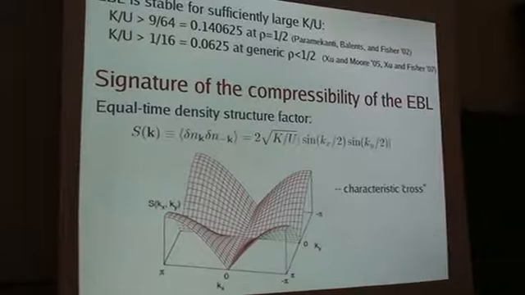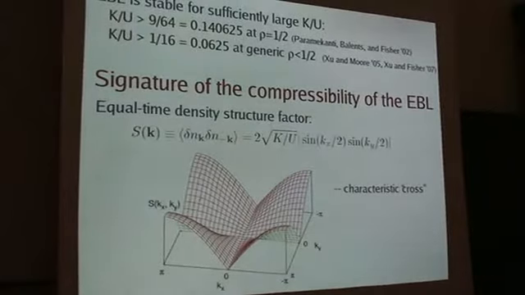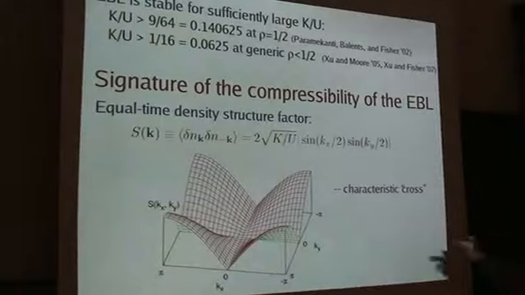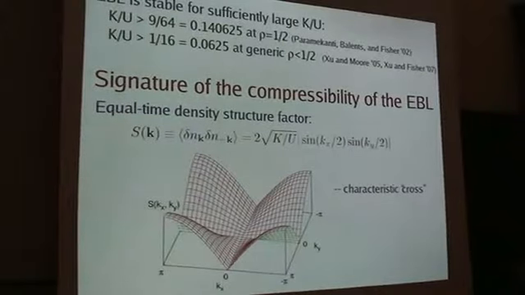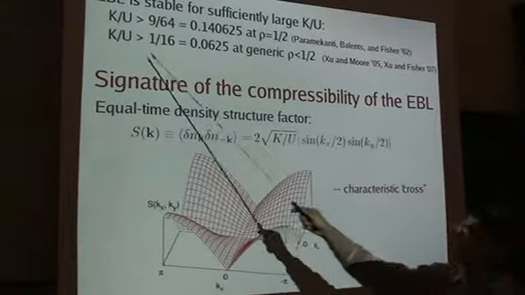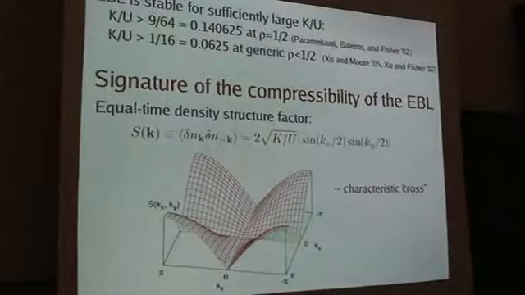At generic density, certain umklapp processes, or some of these topological defects, are not allowed, and generically the phase is more stable. You need smaller k to stabilize it.